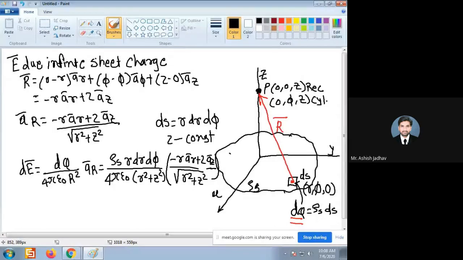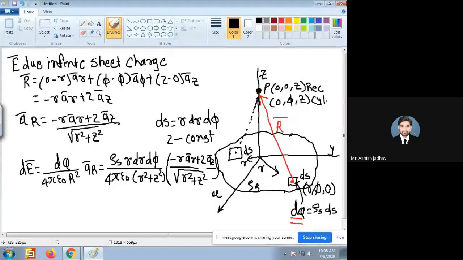Now this we have calculated just for a small surface ds. Now we have to understand, since it is symmetrically placed on this xy plane, very similar to this ds, we have another ds on the symmetrically opposite side. This ds would have its own component, in which this r is going to be cancelled because of this r.